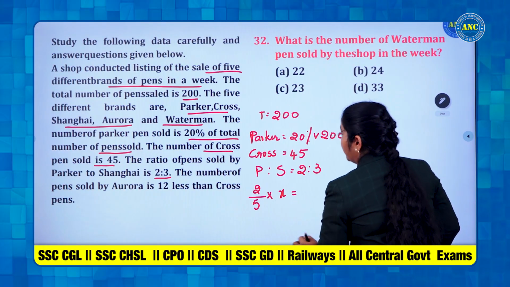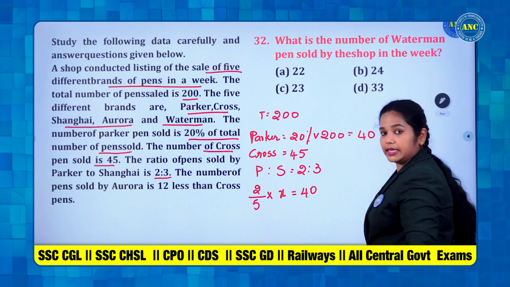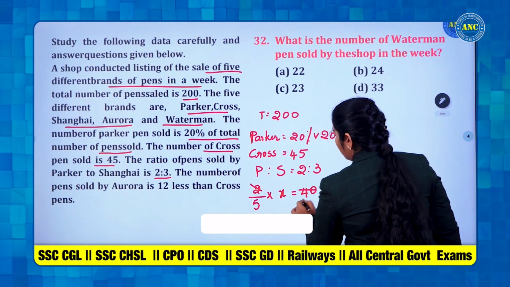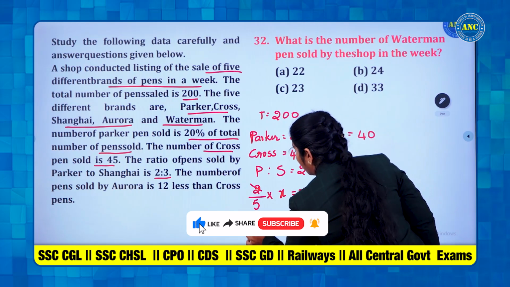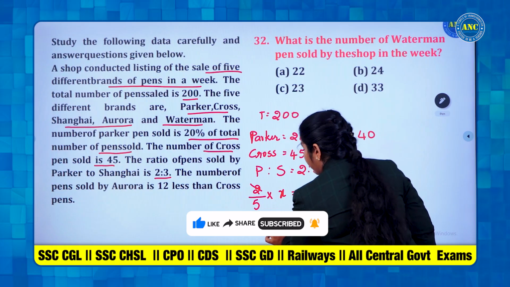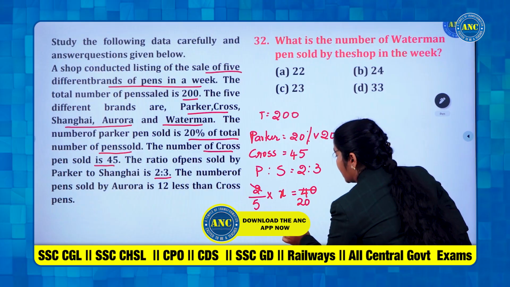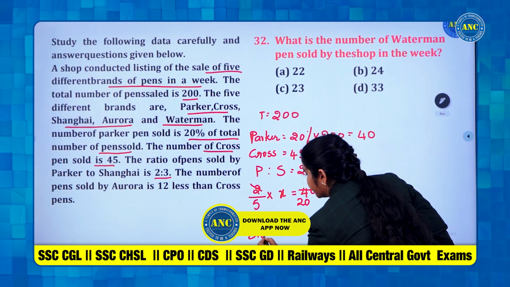That is equal to the value of Parker we already know. How much? 40. Yes. 2 ones, 2 twos are 20. So the total pens of Parker and Shanghai are 100. From that, 40 pens are Parker. Then how many pens are there for Shanghai?